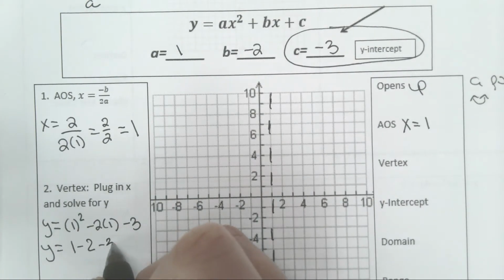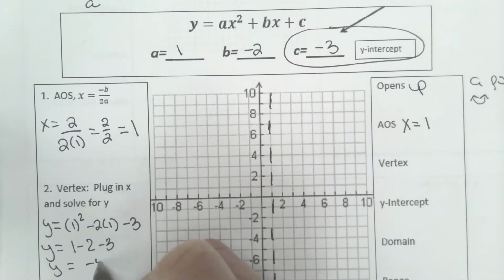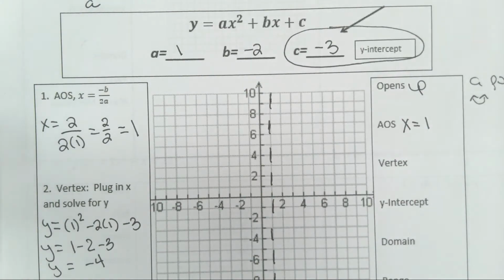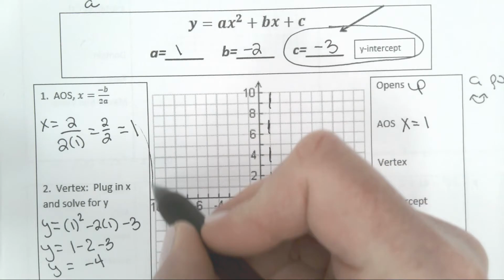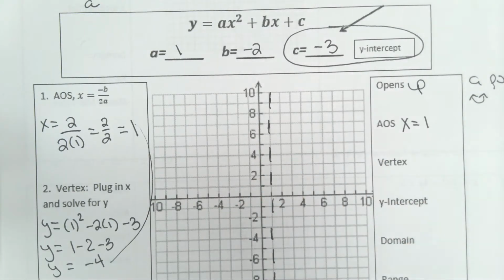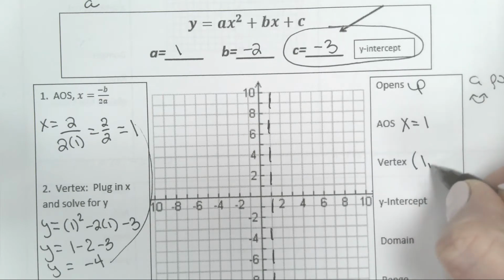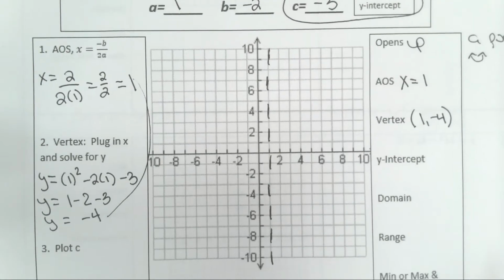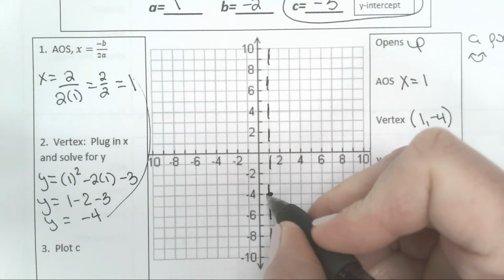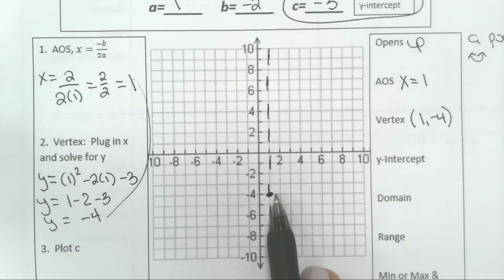That's 1 minus 2 minus 3, which equals negative 4. So parts 1 and 2 work together, and they tell you where your vertex is. It is at (1, -4). So your vertex is the only point on your axis of symmetry.